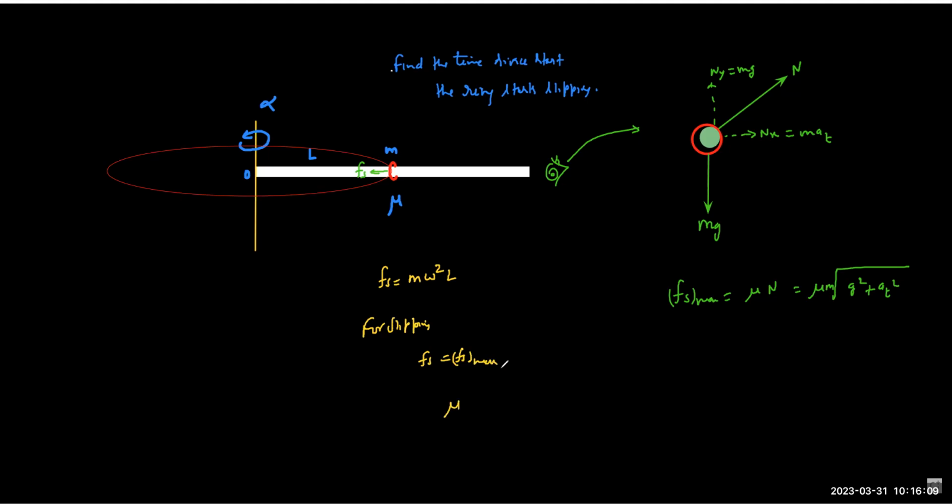So we can say this is equal to mu into N, that is mu m under root of g square plus a t square. And a t square is what? Alpha square L square. And omega is alpha t. Am I right? Yes.